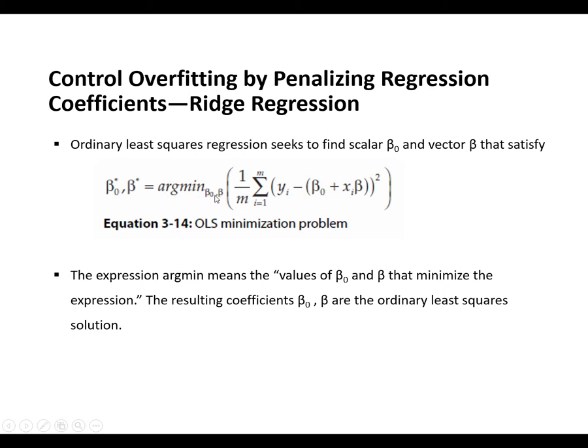Basically, we want the values of beta 0 and beta that minimize this entire expression. Basically, we want to ensure that this difference is minimum. If this difference is minimum, then definitely the difference between the actual value and the predicted value is minimum, which means that our model or our algorithm is working nicely.